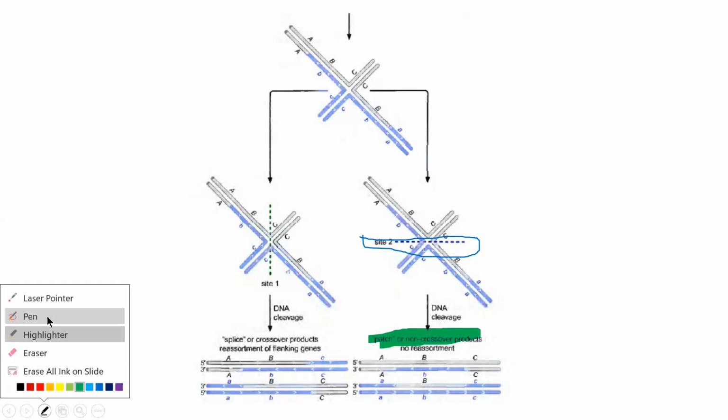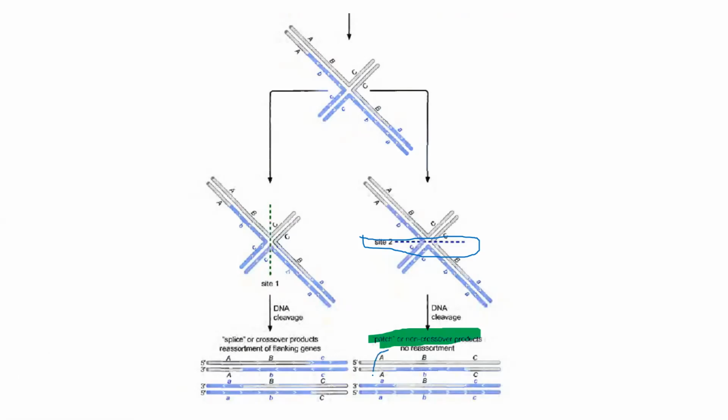And in these patch or non-crossover products, there's no reassortment, because if we see here, along with the capital A, you have capital C only, and along with the small a, you have small c only. Of course, there's a heteroduplex DNA, but the impact is not as big as what you have seen in the other case. So whether a vertical cut or a horizontal cut is made will decide whether splice products or patch products will be made.